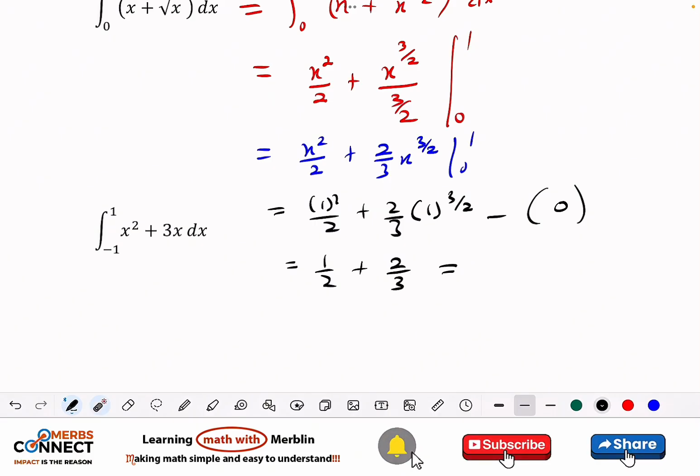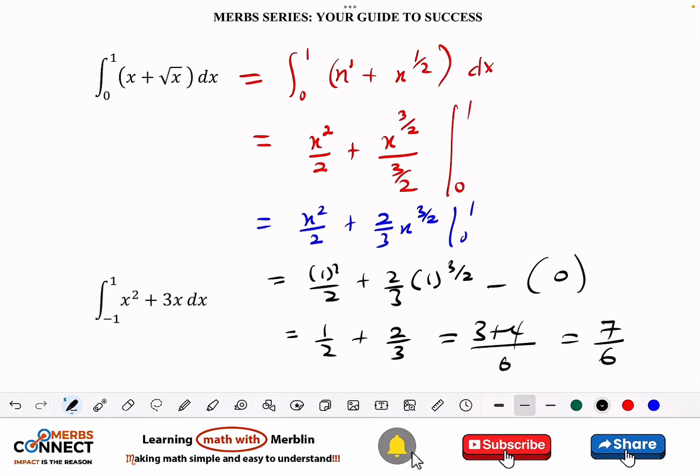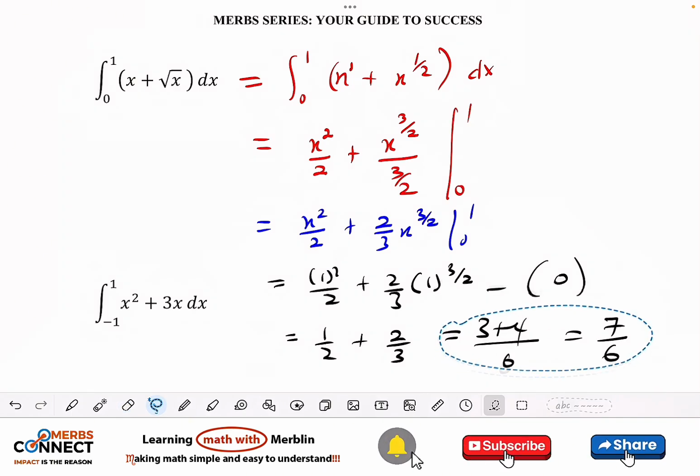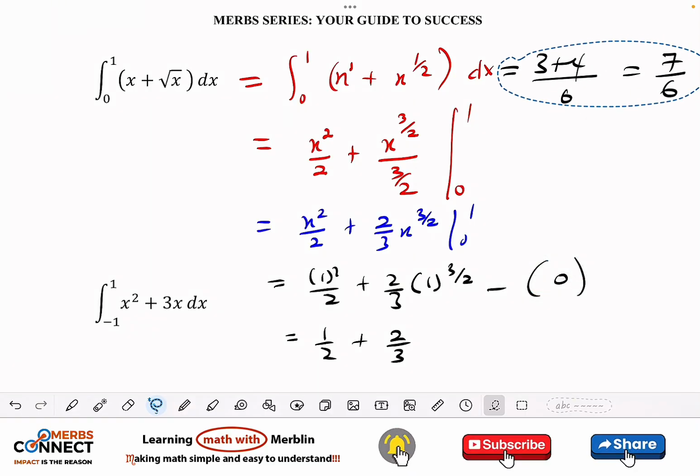And using my magic, this multiplied by this gets 3, plus 4 divided by this multiplied by this gets 6. So this should be 7 over 6. So we are going to have 7 over 6 for this one.